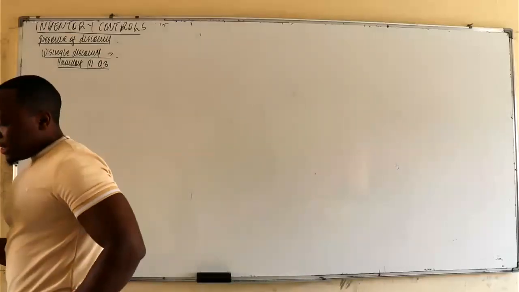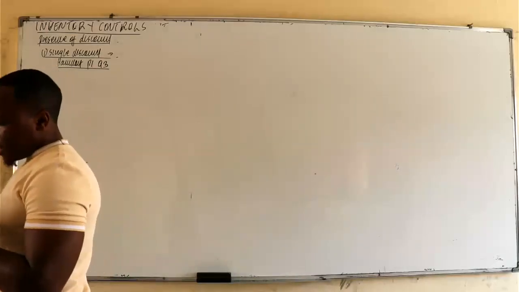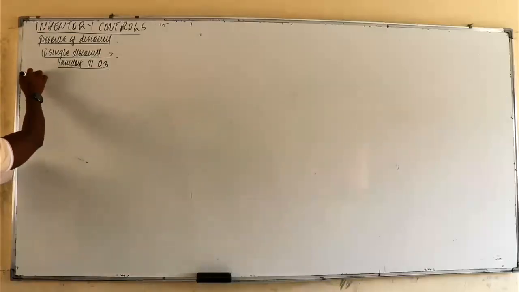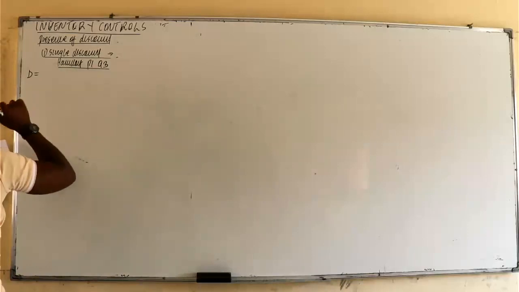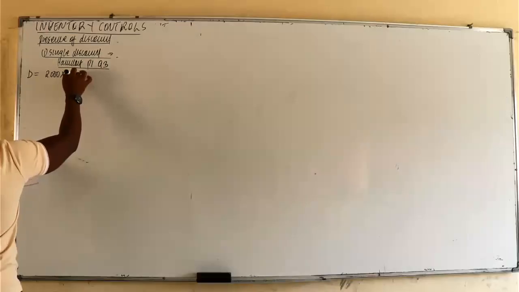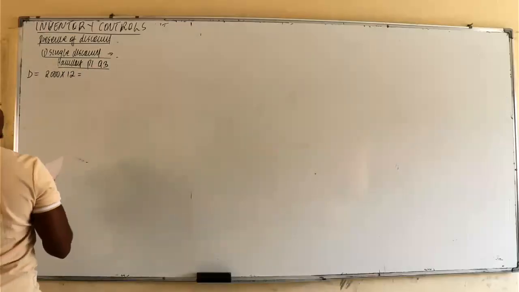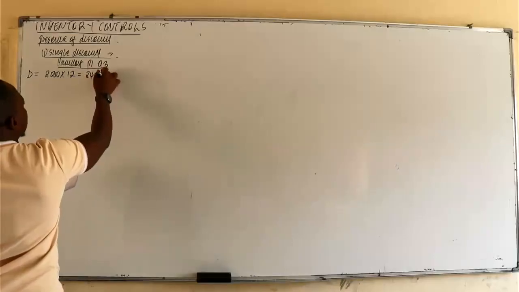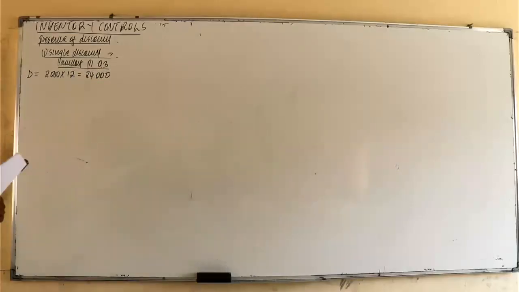A company has a monthly demand of 2,000 units. So how much is our D? To get D, what you're given is monthly demand, so it will be 2,000. You multiply by 12, and you get 24,000.